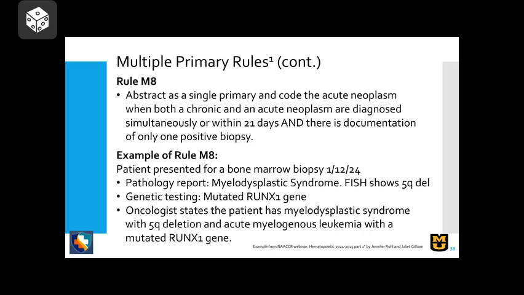Pathology report shows myelodysplastic syndrome. FISH shows a 5q deletion. Genetic testing shows a mutated RUNX1 gene. Oncologist states that the patient has myelodysplastic syndrome with 5q deletion and acute myelogenous leukemia with a mutated RUNX1 gene.